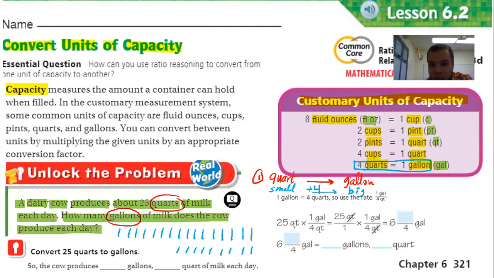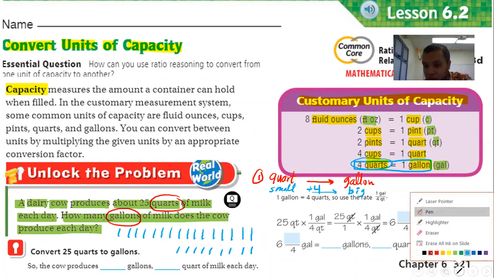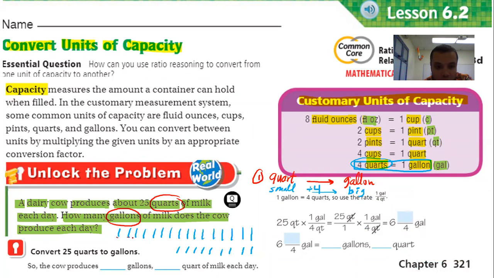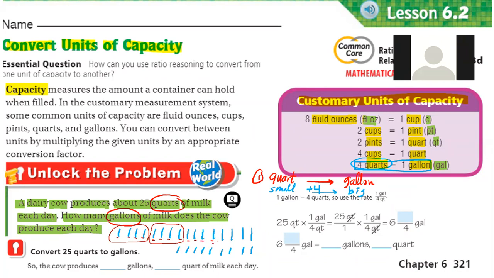Every 4 together, so let's take every 4 together. 1, 2, 3, 4. This is 1 gallon. 1, 2, 3, 4. This is 1 gallon. 1, 2, 3, 4. These are 1 gallon.